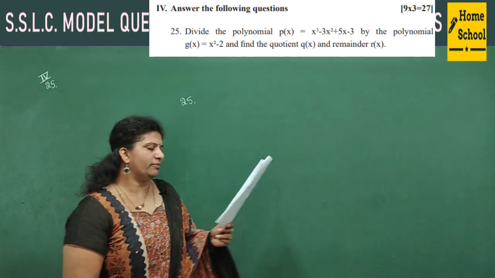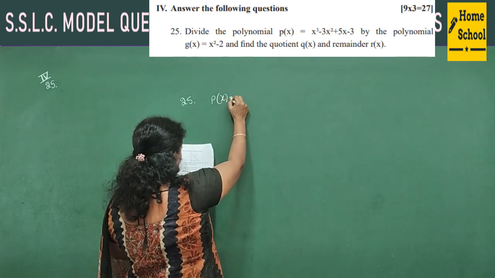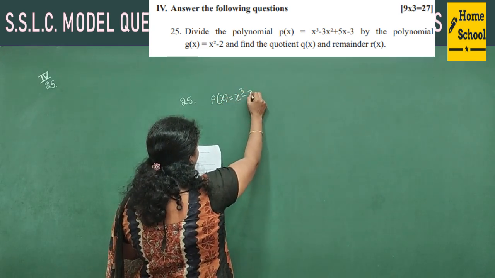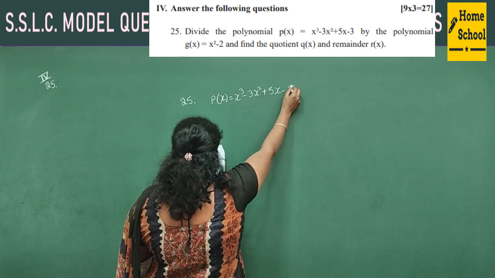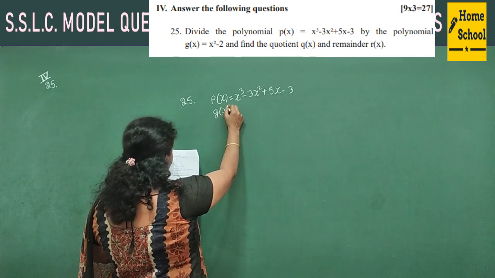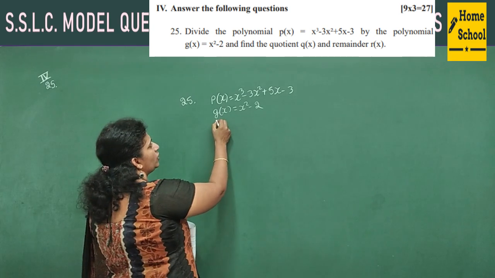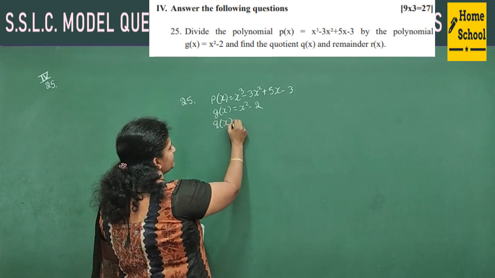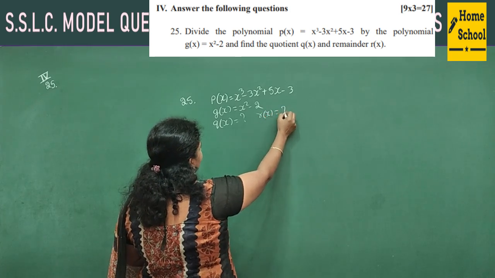Divide the polynomial p of x is equal to x cube minus 3x square plus 5x minus 3 by the polynomial g of x is equal to x square minus 2. Find the quotient and remainder, means we need to find q of x and r of x.